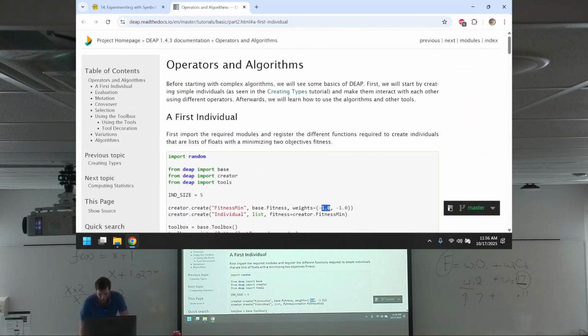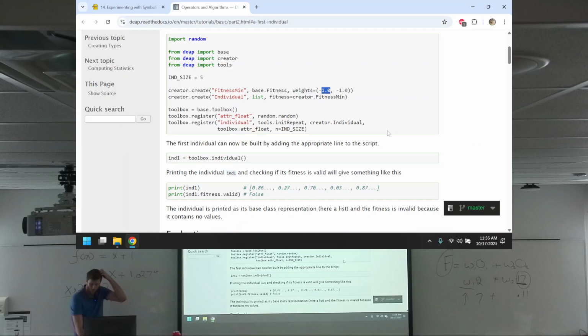This is just general purpose. It's not even for a particular problem. So in what problem would it make sense to have two things being equal? I don't know, it doesn't really matter to me. But the point here is the number of values you have in here corresponds to the weights for each of the objectives. And if this has like 6 values in it, your fitness function better return a tuple of size 6.